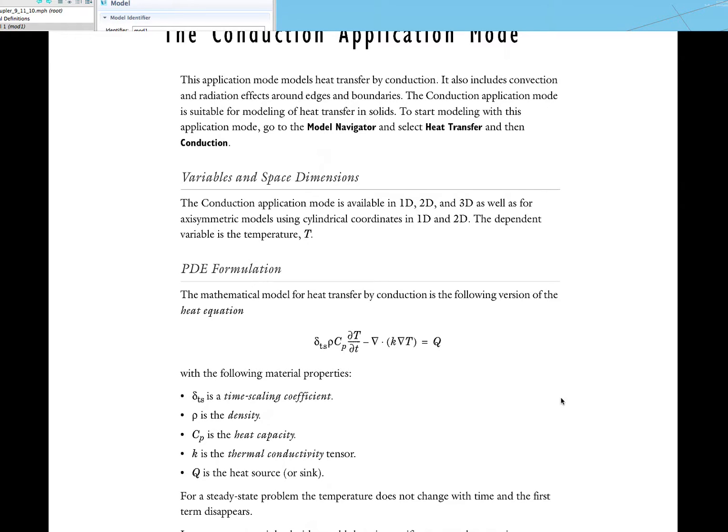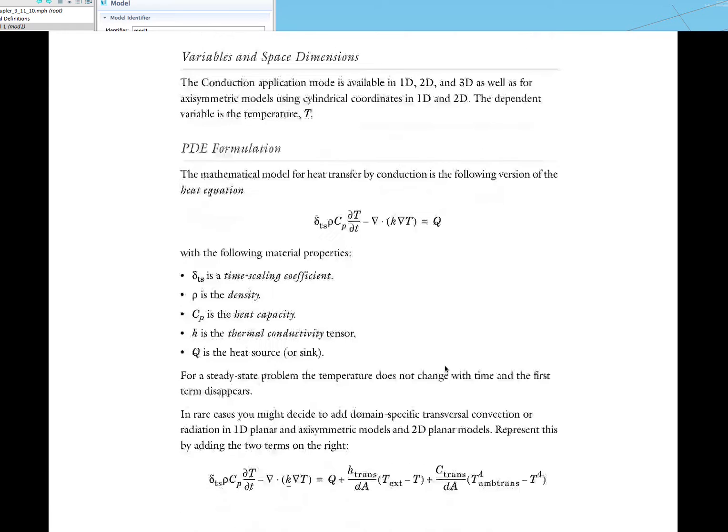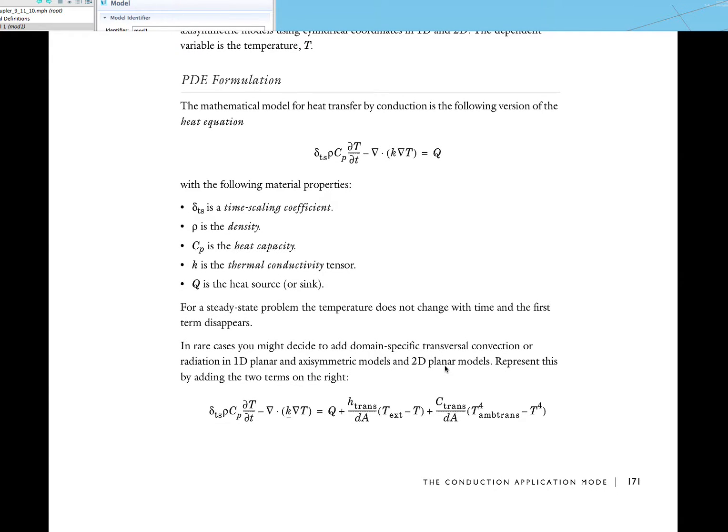So here, if we have a conduction equation with no convection, then we use a scaling factor, delta TS, that can help in adjusting some time-dependent problems. And the density rho and C sub p follow pretty much the same symbols that we have discussed in our lectures.